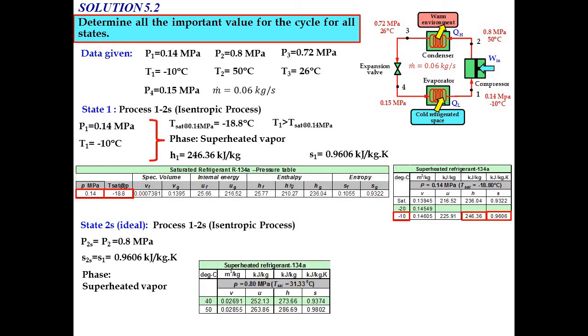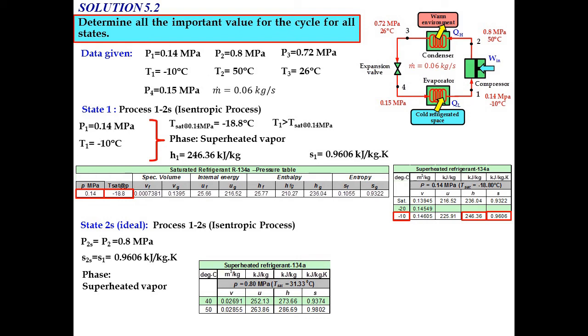So refer to the superheated refrigerant 134A table at 0.8 megapascal. Now you need to refer to the value of entropy that you obtained for S2S, where the value of S2S equals 0.9606 kJ per kg Kelvin.